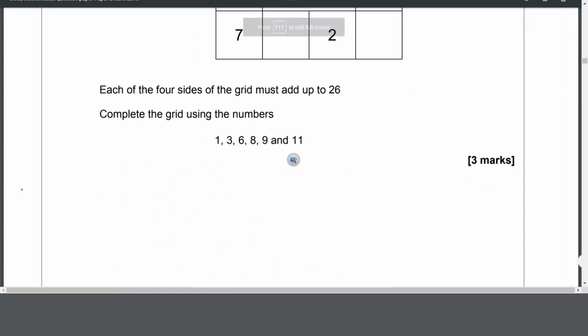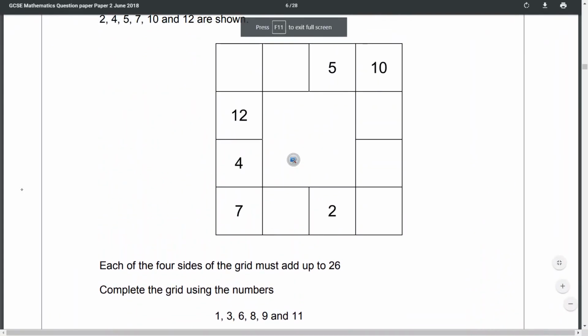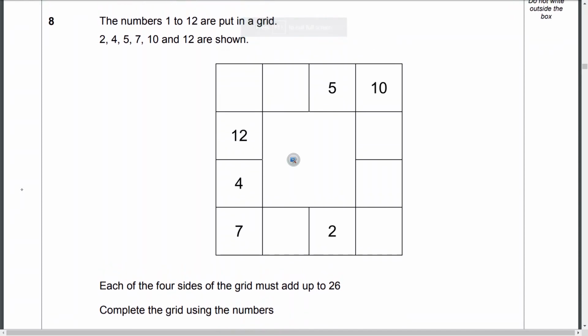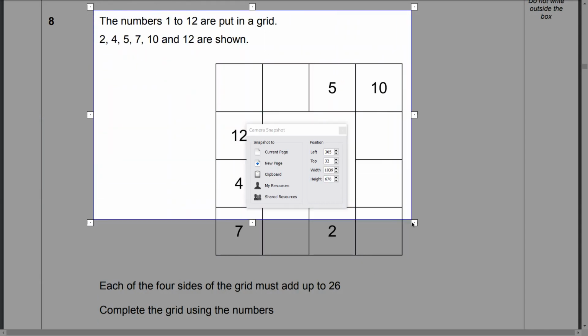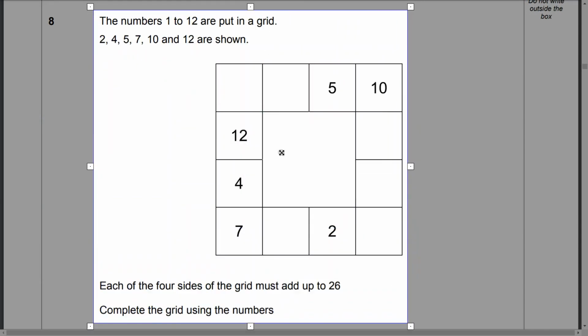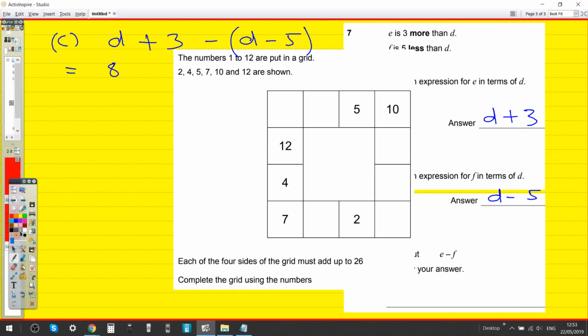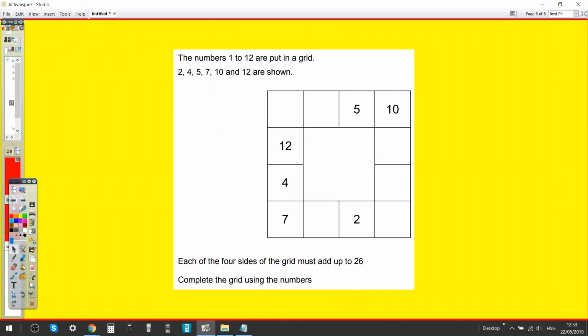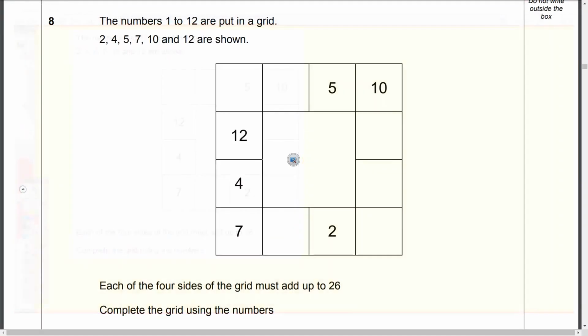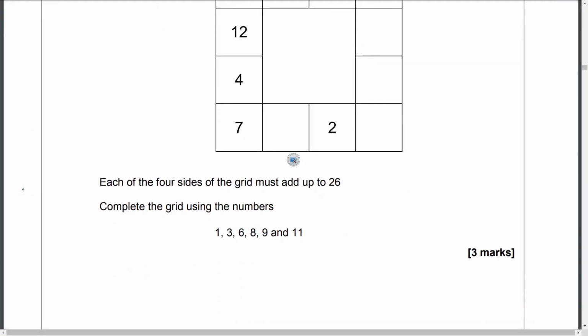Okay, I can't quite get it all in one go. Let's try this. Numbers, one's got the grid.